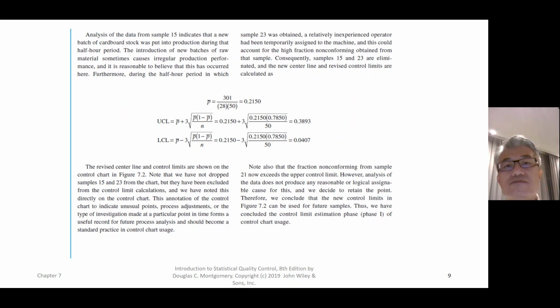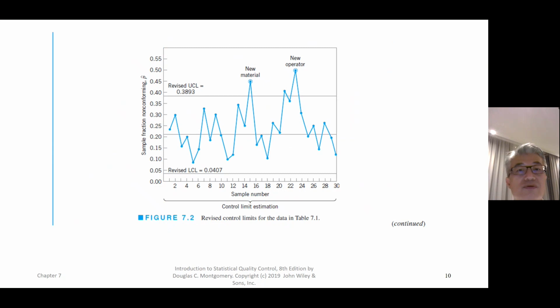That will fall within an interval of about 39% upper and about 4% lower. The revised center line and the control limits are shown in the control chart in Figure 7.2.